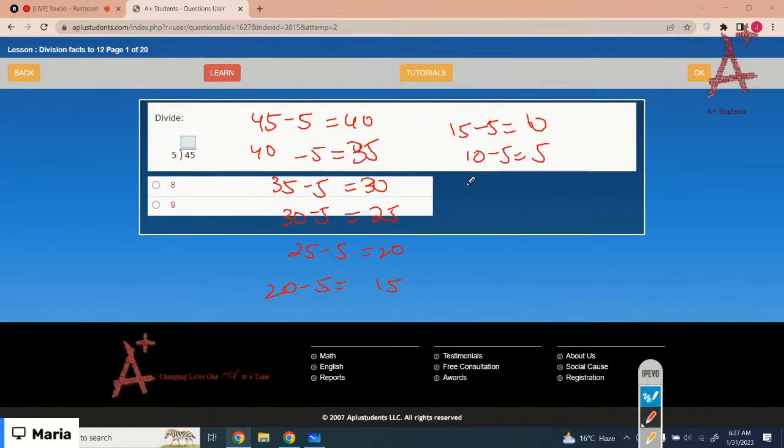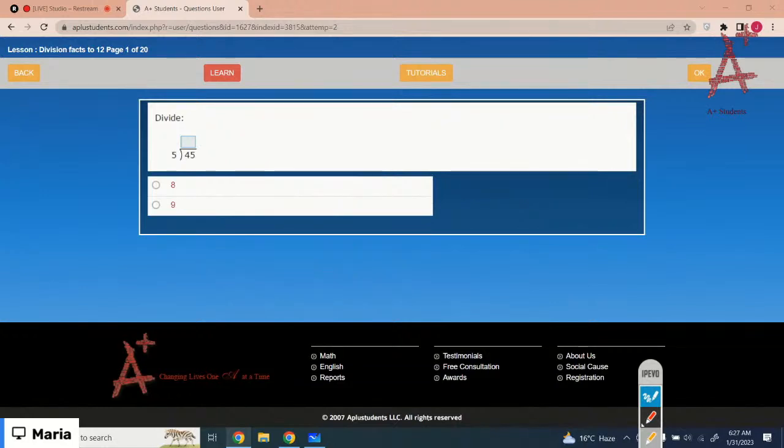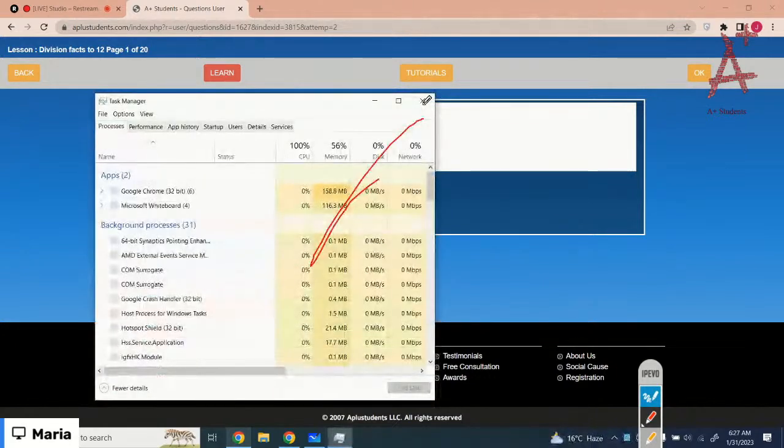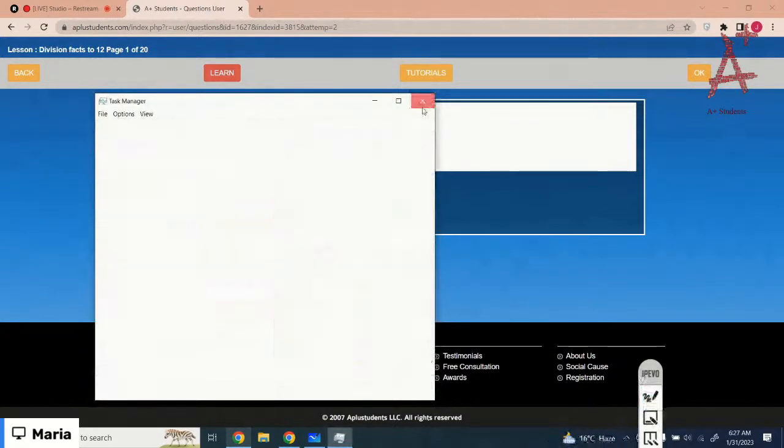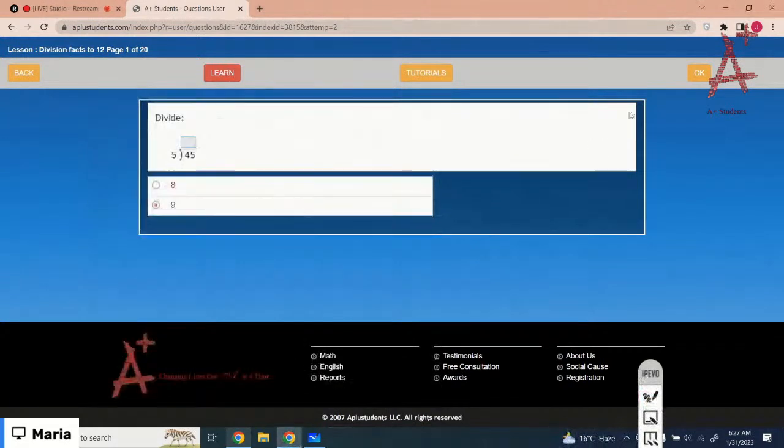And 5 take away 5 is 0. So how many times did I subtract 5? 1, 2, 3, 4, 5, 6, 7, 8, 9. So 5 times 9 is 45. Correct option is 9. If you already know the answers, you can just write down the answers. Got it? So it would be 9. Okay, correct option for this one is 9.